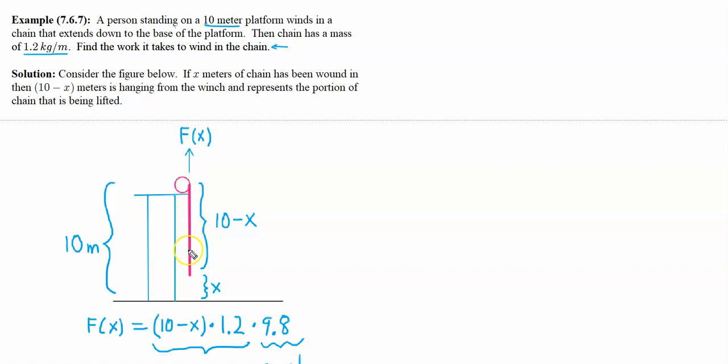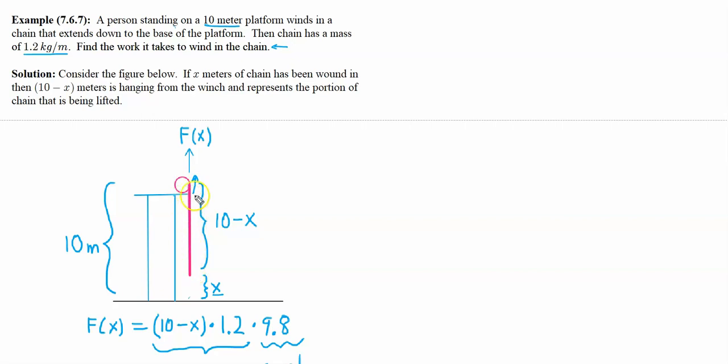This is the chain that extends down to the ground. And in this picture, suppose that we have already wound in a little bit of chain, say that distance is x. Now what we need to do is calculate the amount of force it takes for us to pull upward on the chain that is hanging down here.